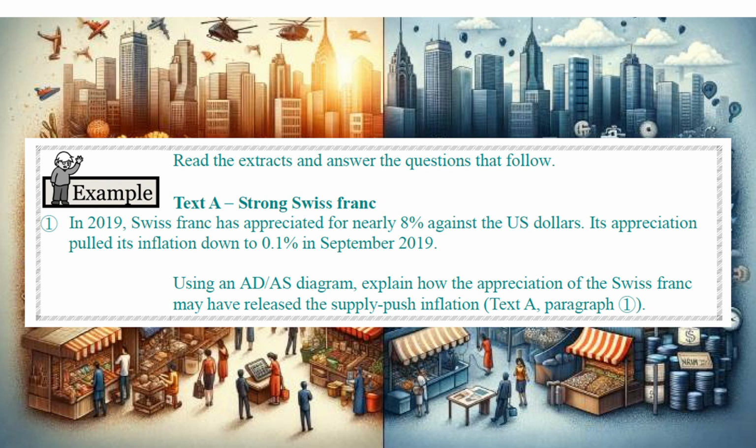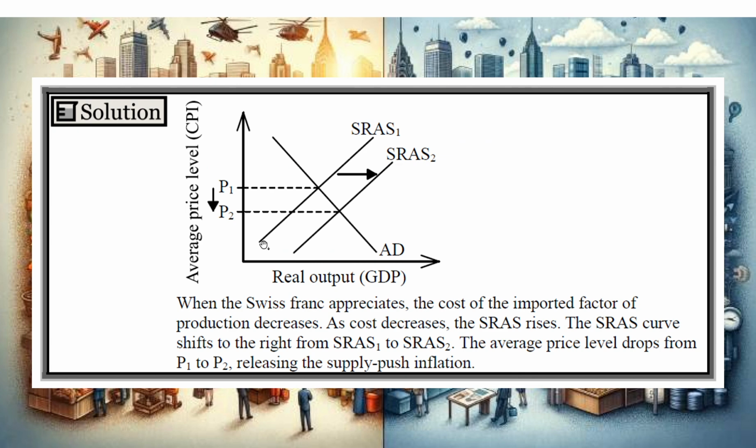Yes, welcome back. So you know appreciation, right? The imported factors of production become cheaper. So SRAS increases, shifts to the right, so price level drops. This is the focus. Don't talk about the economic growth now, it's about inflation. Okay?